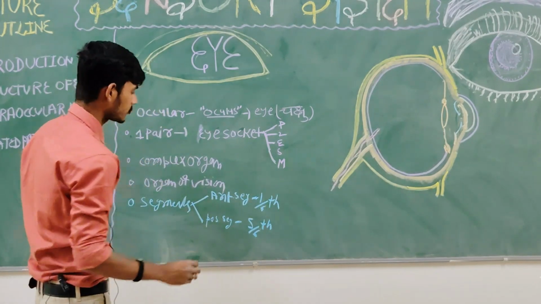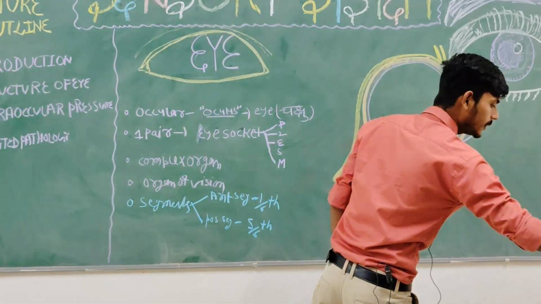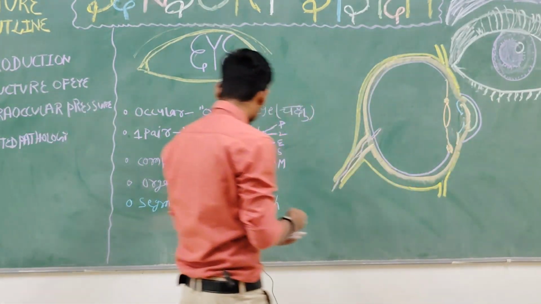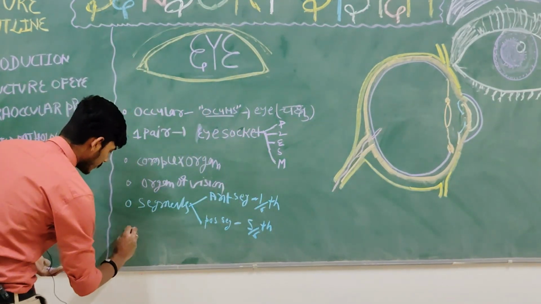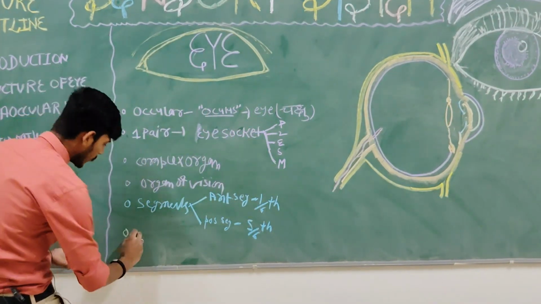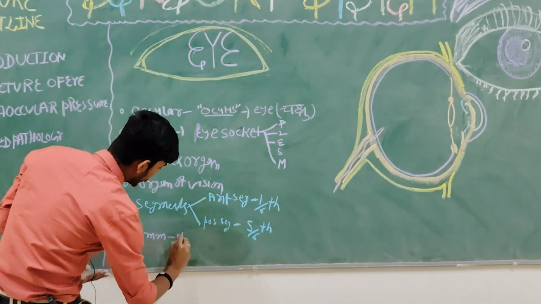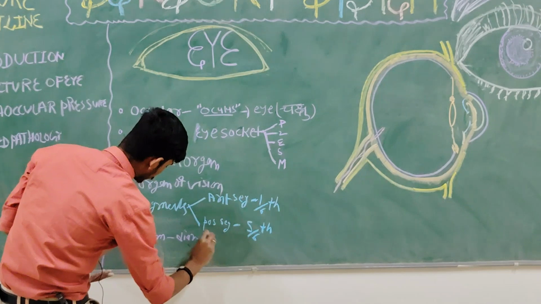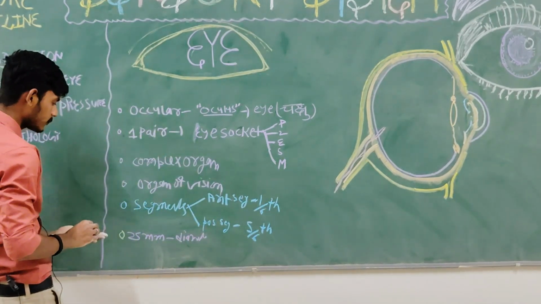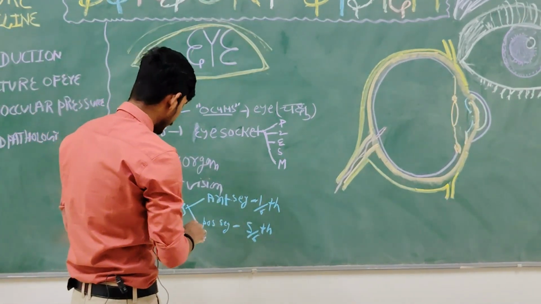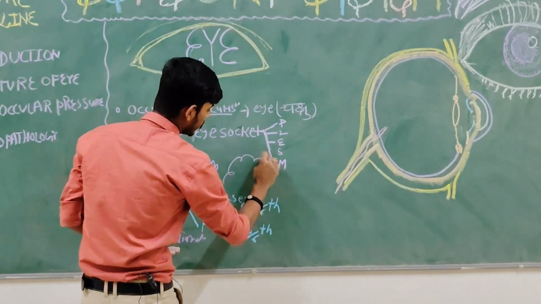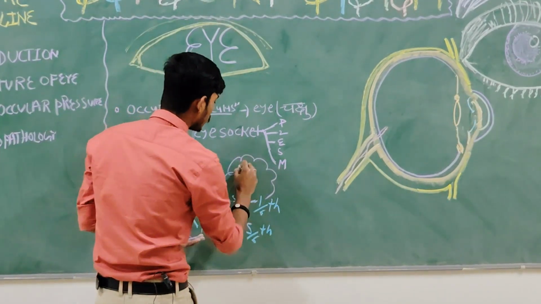And if we talk about the diameter, 25 mm is the diameter of the eye, and its shape is nearly a globe shape.